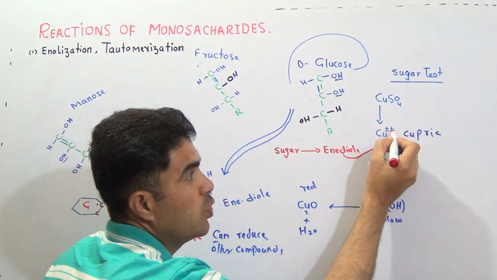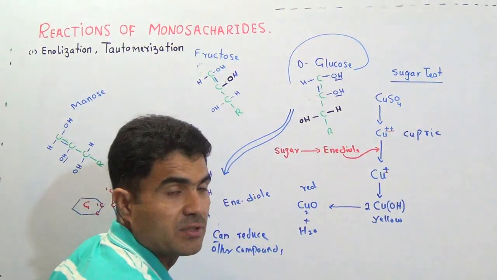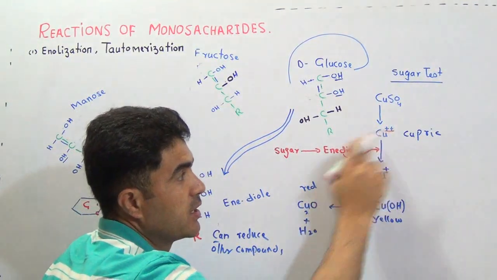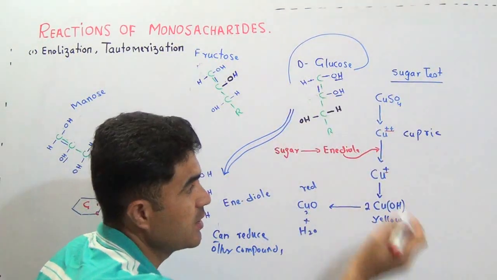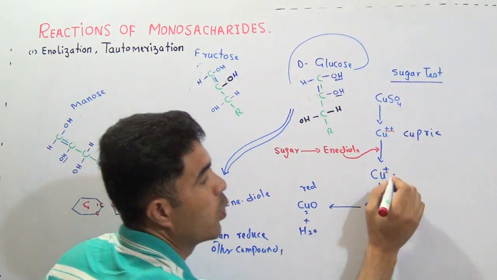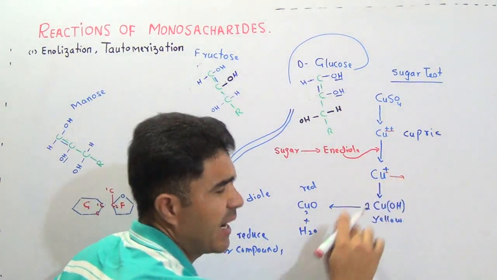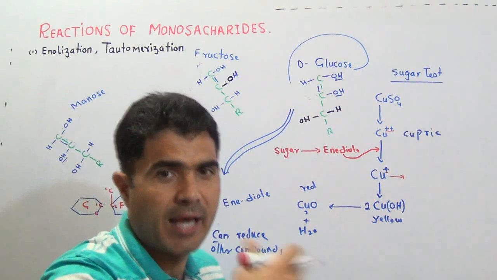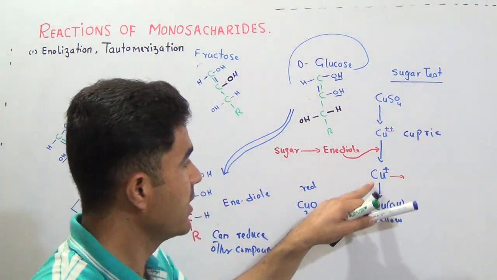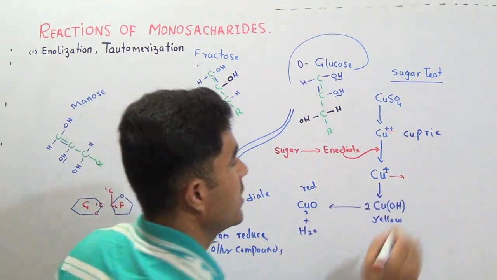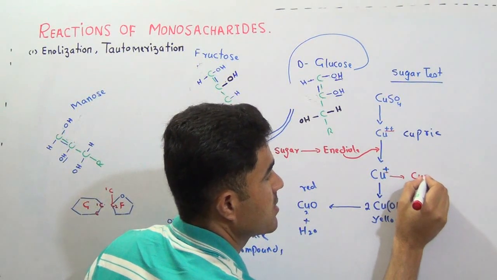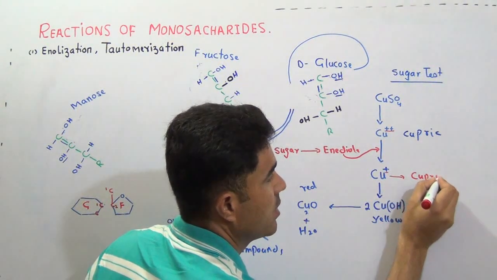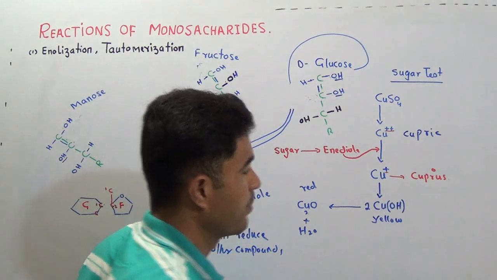There were 2 positive charges, now it becomes 1 positive charge because 1 electron has been given, so now Cu has only 1 charge. So a kind of reduction occurred here. The copper got an electron, so now it is called cuprous ion.